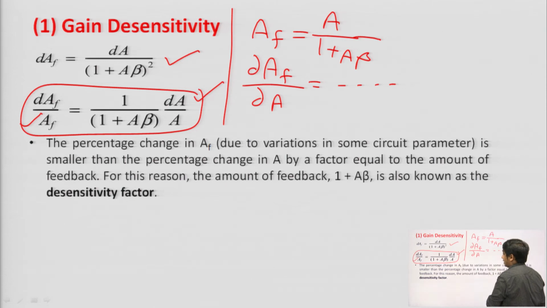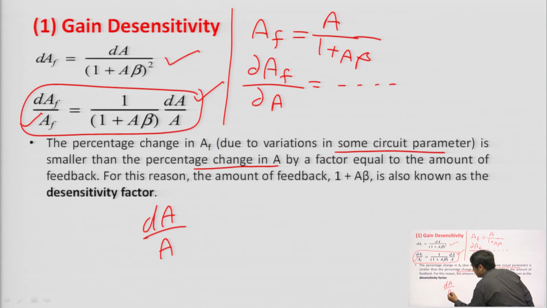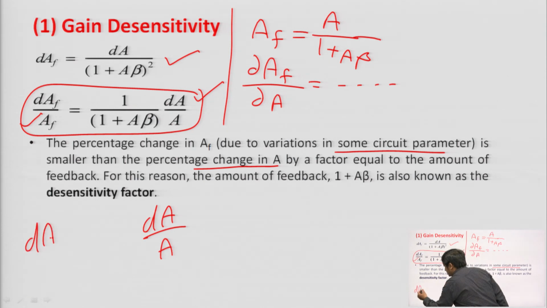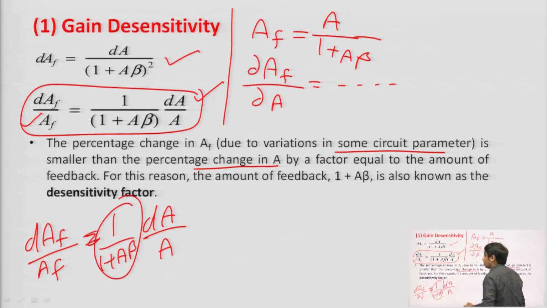So, the point is that the percentage change in AF due to the variation in some circuit parameter is smaller than the percentage change in A, because the percentage change in A is dA by A. Corresponding to this, the percentage change in AF is reduced by the factor 1 plus A beta, 1 upon 1 plus A beta, that is the good thing.